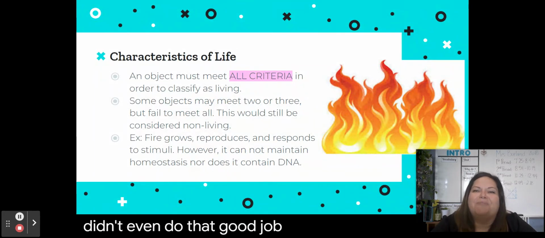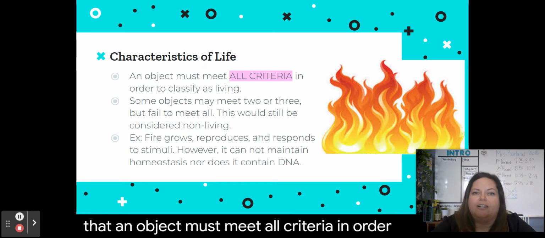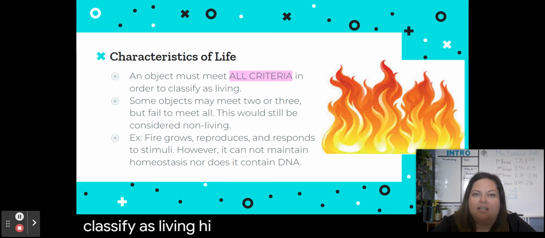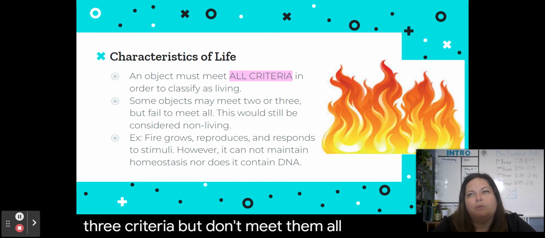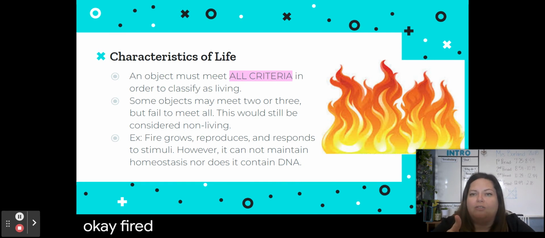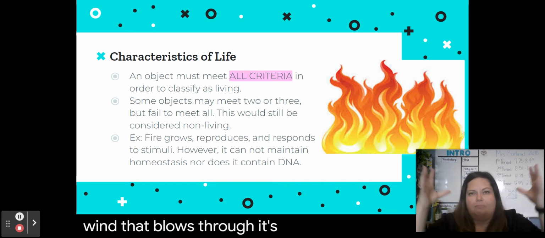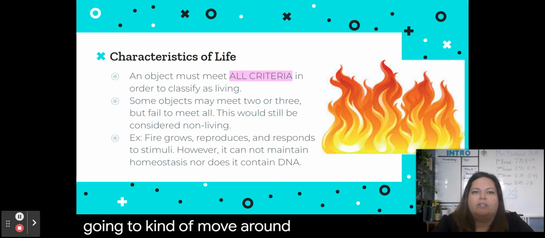It is important to note that an object must meet all criteria in order to be classified as living. Some objects may meet two or three criteria but don't meet them all, so we still consider them non-living. Our example for this is fire. Fire grows, fire responds to stimuli, right? If wind blows through, it's going to get bigger, it's going to move around.